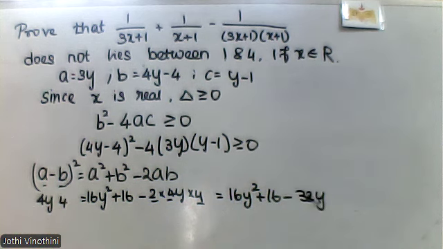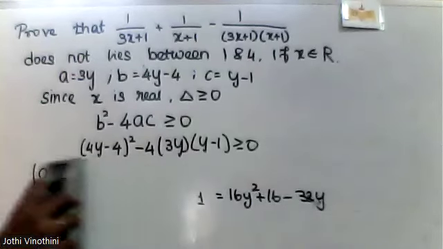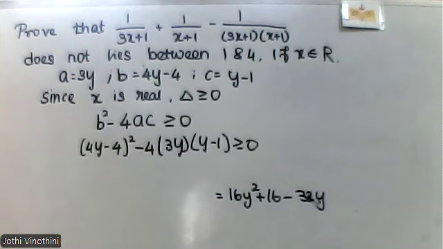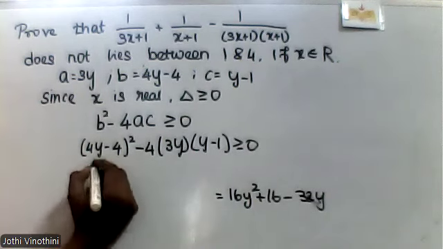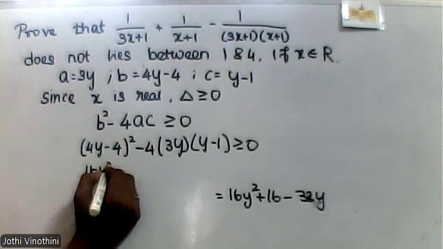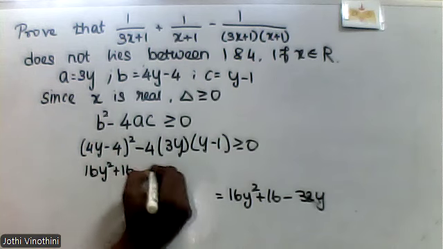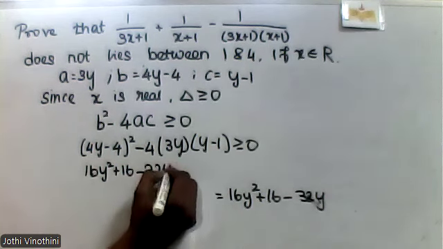In place of this, I can write this one. We are just expanding this. So in place of 4y minus 4, I am writing 16y squared plus 16 minus 32y.